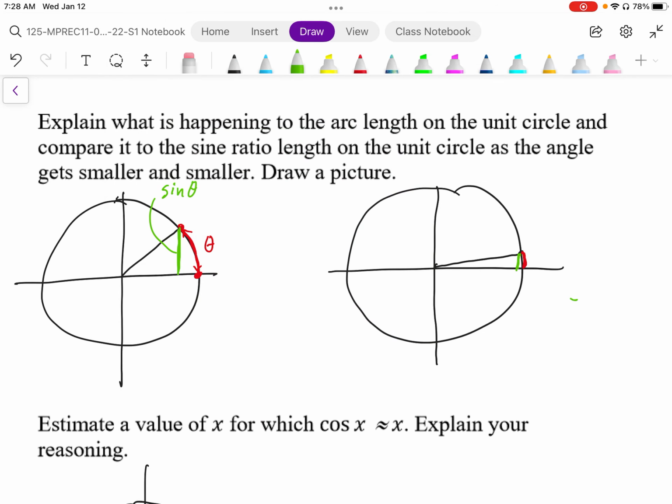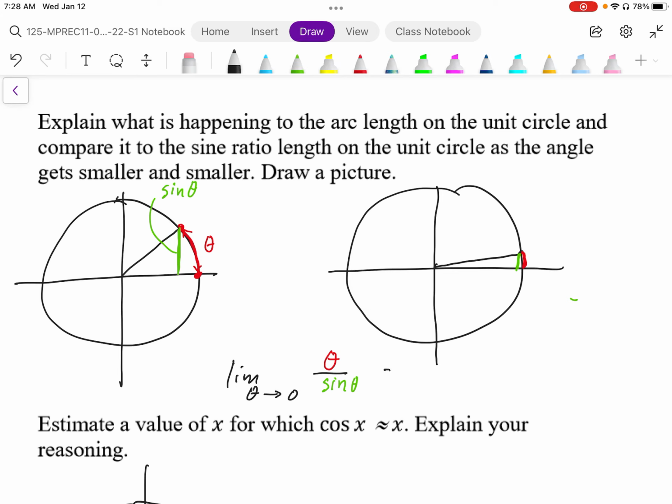So we write it this way: the limit as theta goes to 0 of the ratio of theta over sine theta starts to become close to 1.